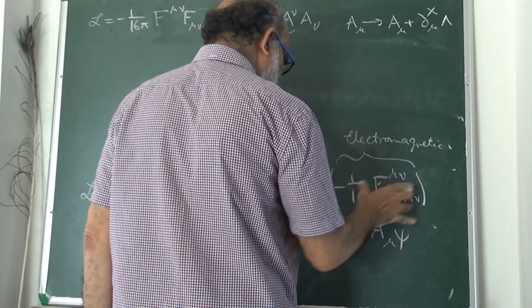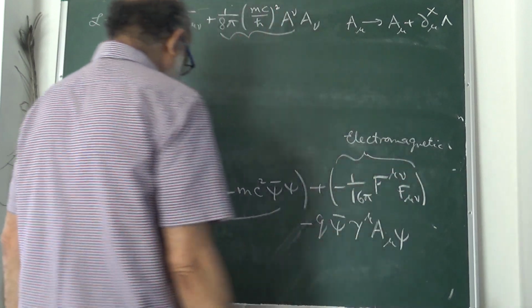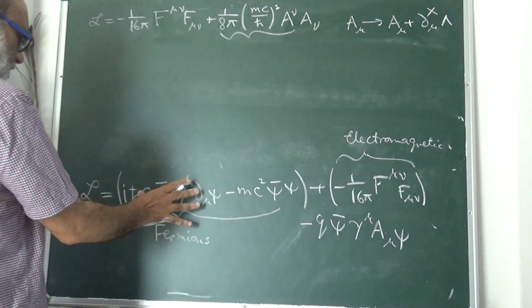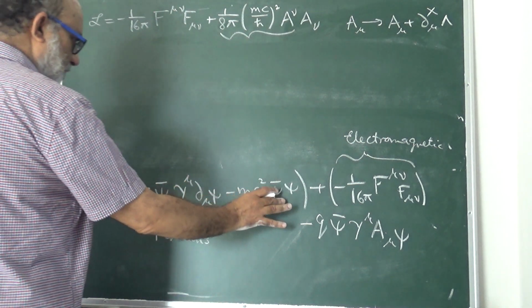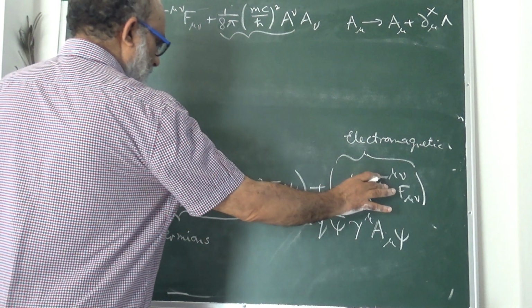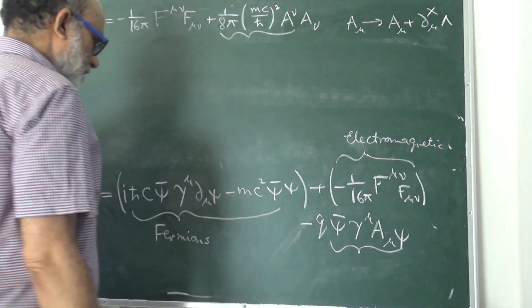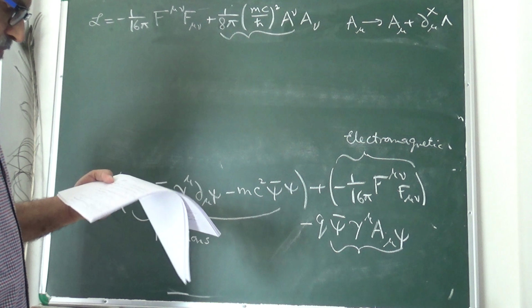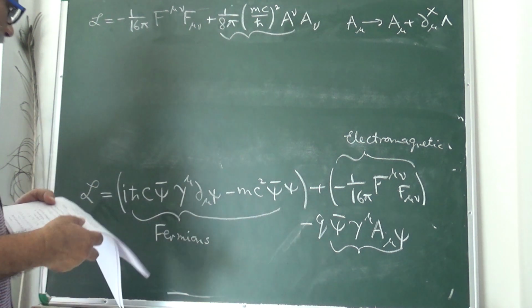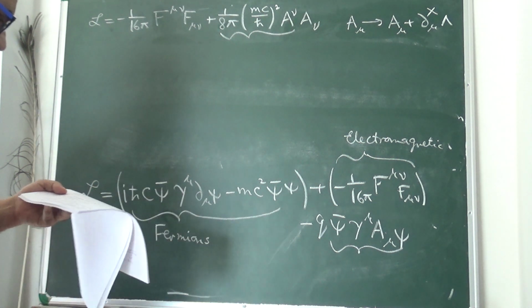This is the kinetic energy for the electromagnetic field. This is the kinetic energy for the fermion and the potential energy for the fermion. And this is the interaction of the electromagnetic field with the fermion field. So the complete picture looks like this.